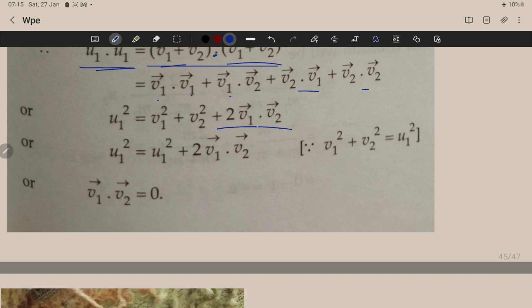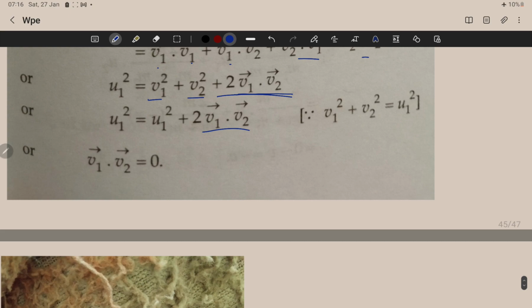Here the vectors become a scalar. So the v1 vector dot v2 vector is equal to 0. Their dot product will become 0.